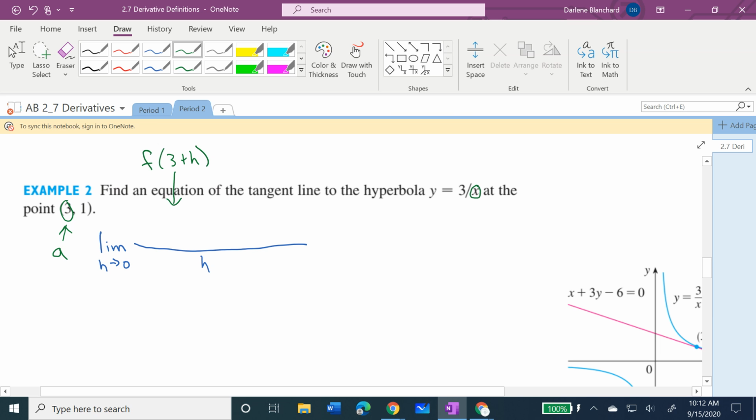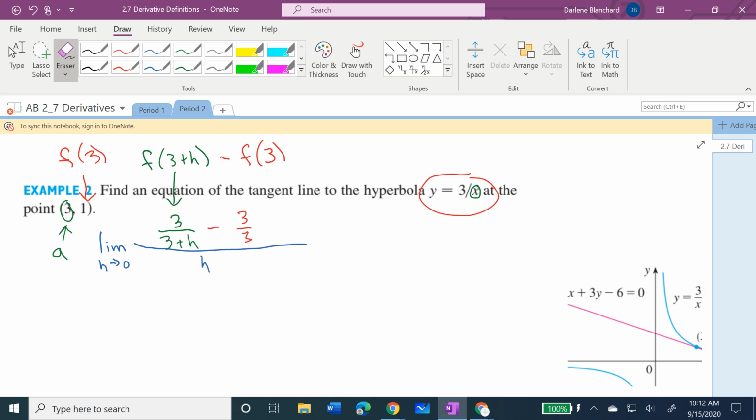Plugging 3 plus h into that x gives me 3 divided by 3 plus h. Then minus f of a, which is f of 3. We happen to already know that number, so that's giving me 1. Or if you like, I can plug it in over here and you can see 3 divided by 3 by plugging it into the function. I'm going to put it back as 1 because it's easier to work with.